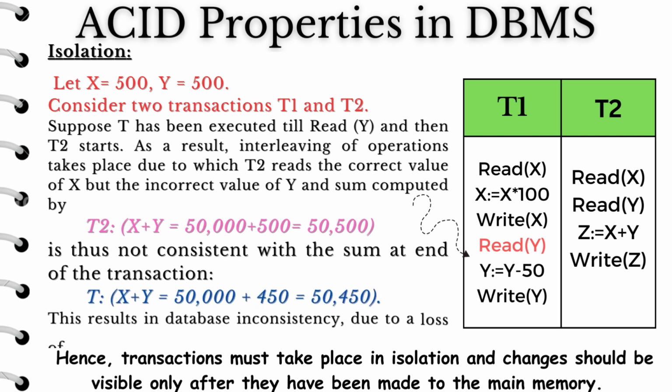As a result, interleaving of operations takes place, due to which T2 reads the correct value of X, but the incorrect value of Y, and the sum computed by T2, X plus Y equals 50,000 plus 500, which is 50,500, is thus not consistent with the sum at the end of transaction T1, X plus Y equals 50,000 plus 450 equals 50,450. This results in database inconsistency due to a loss of 50 units.